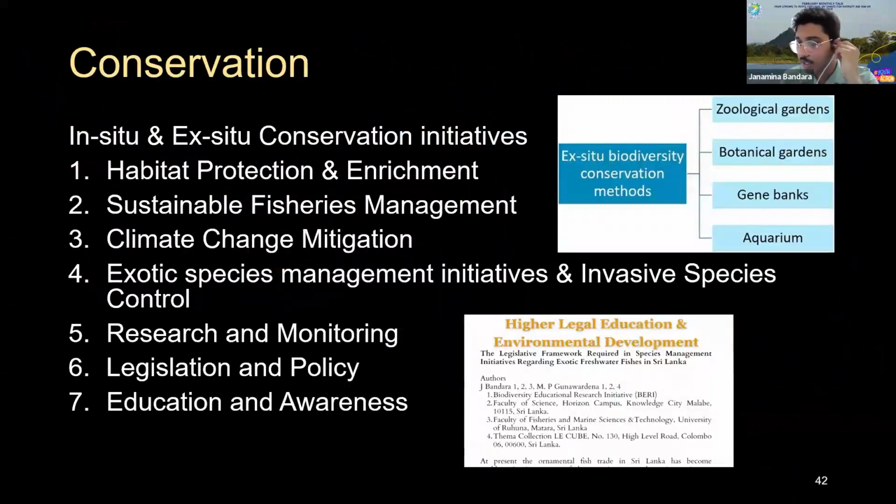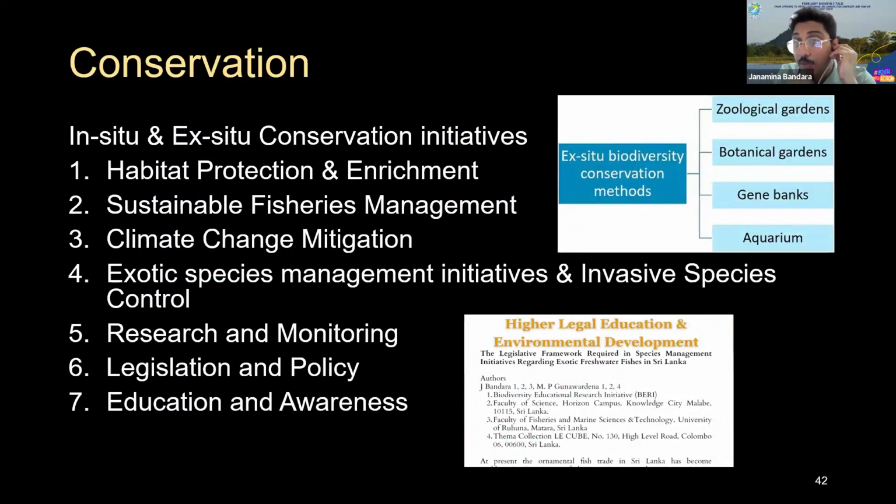And for conservation, the last part of my session, we can use different mechanisms, which we can classify basically as ex-situ and in-situ conservation initiatives. In-situ means you protect the species within the ecosystem to which the species belongs. Ex-situ means you take the species out and develop certain conservation mechanisms outside of this native ecosystem.